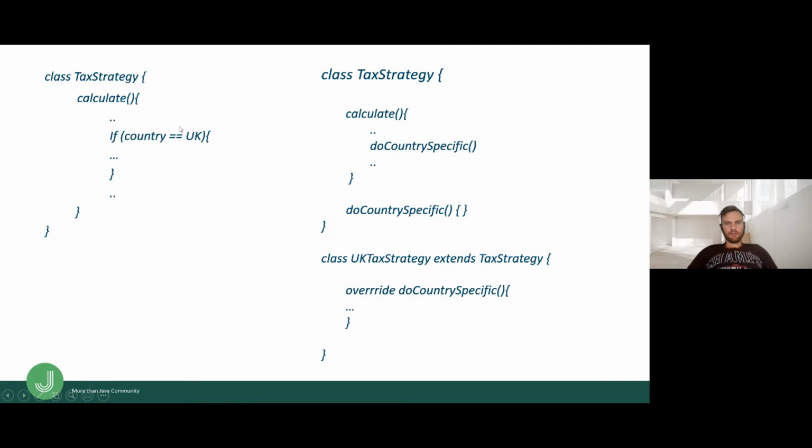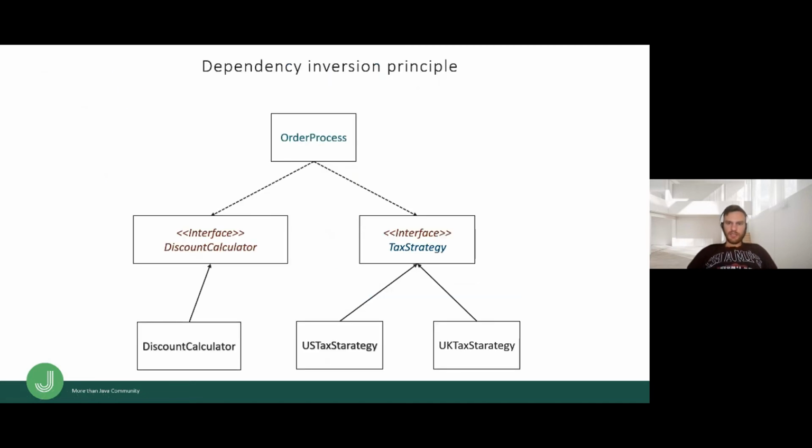You should extend a class and override the logic. And ideally, you should have an interface here, and this would be a US tax strategy, and this class could be extended from US tax strategy, but tax strategy could be an interface.